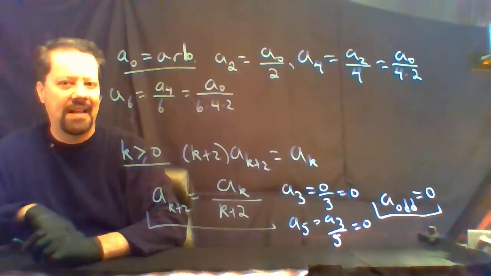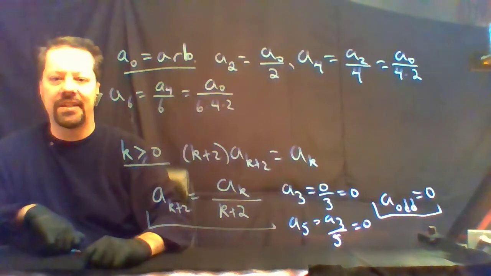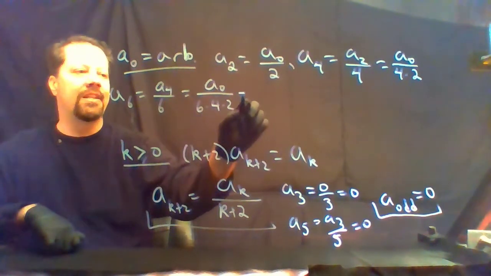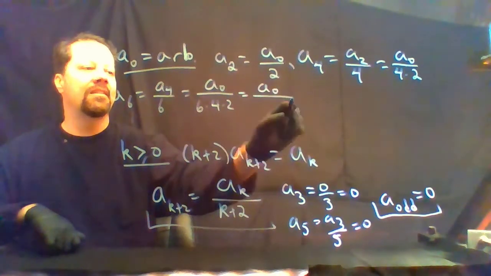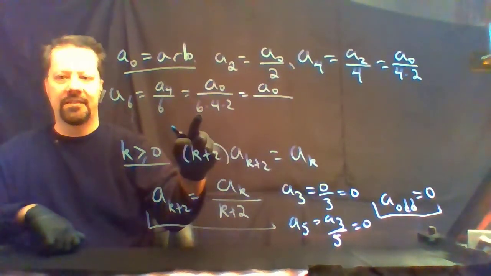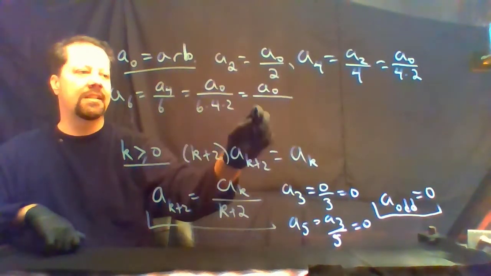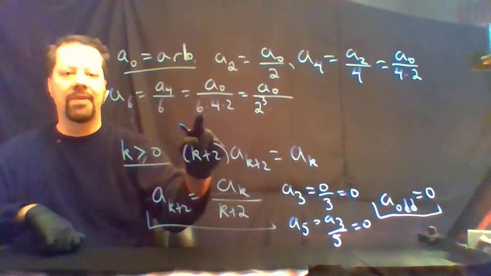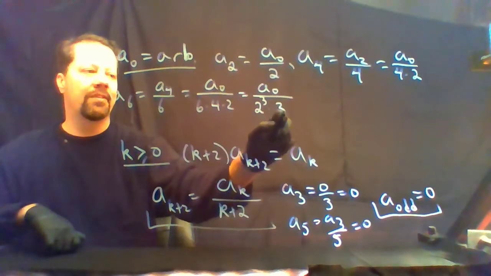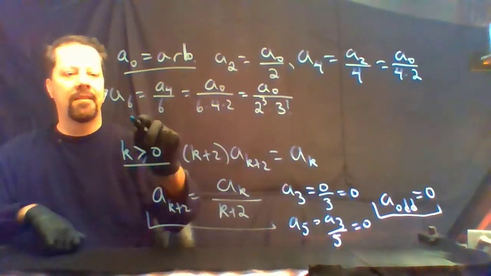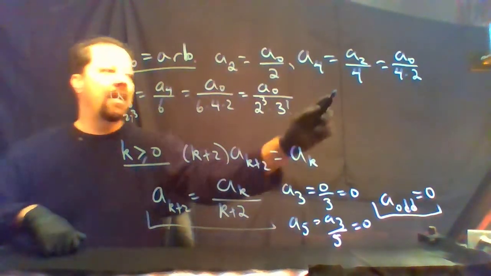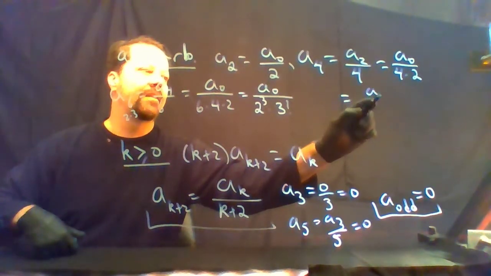So, how are these coefficients changing? Notice we can take a 2 out of each of these and rewrite this as a naught divided by, we'll take a 2 from each of these, that's going to be 2 cubed. What's left over is going to be 3 times 2 times 1, which is 3 factorial. Notice that this is a6. a4, on the other hand, will be a naught.